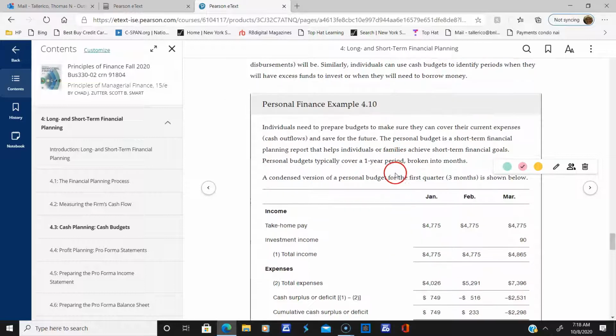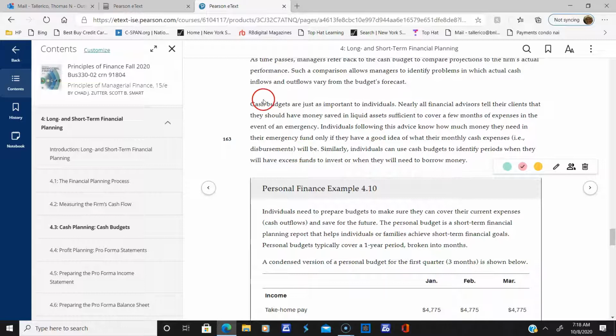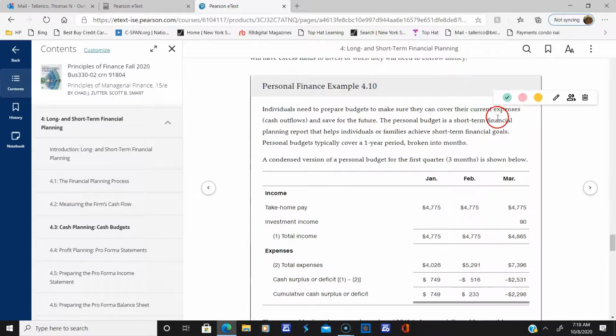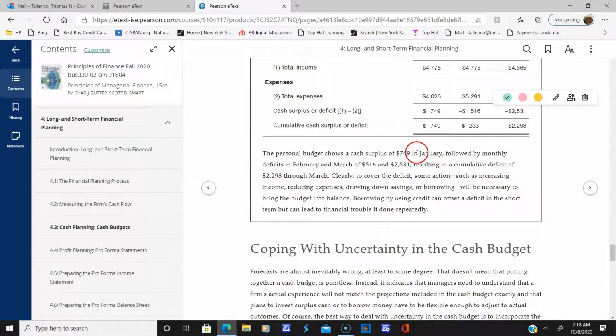So here's a personal finance example of a cash budget. They make a comment here: they're just as important to individuals. So here you have a surplus, and here you have deficits for your personal cash budget.